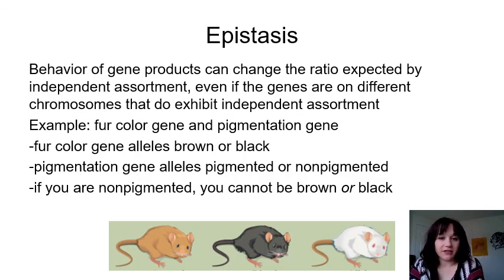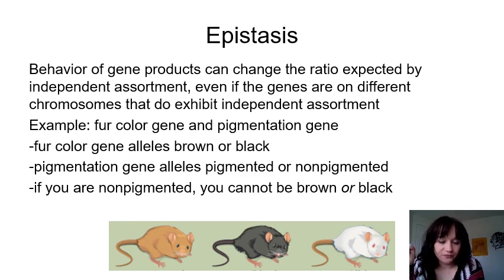The last exception that I want to talk about is called epistasis. And this is when you have two genes that are affecting each other, right? So, for example, you could have two genes, one that's responsible for fur color, such as brown or black, and then another gene that's just responsible for whether or not there's pigment, so pigmented or non-pigmented.